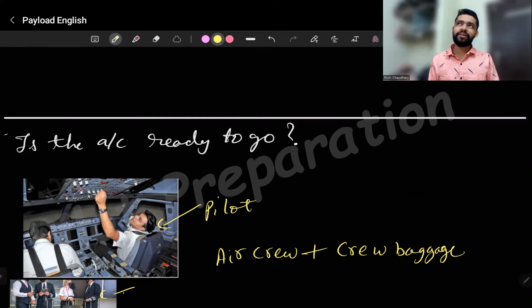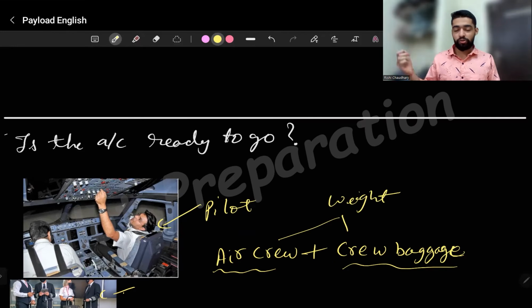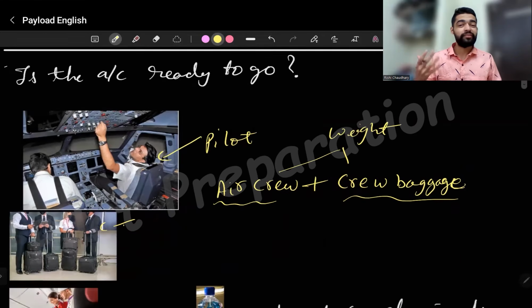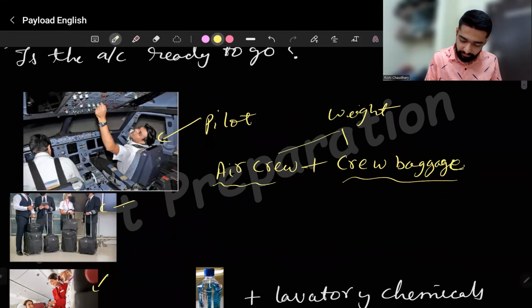Why are we taking their baggage? Because their baggage also has a lot of weight. We want to calculate each and every one's weight. So whenever I'm saying air crew and crew baggage, at the end of the day, I'm calculating their weight. Okay, so I need to have them in my plane. Other than that, I also need some food and catering, isn't it?